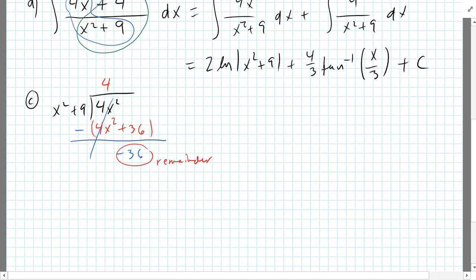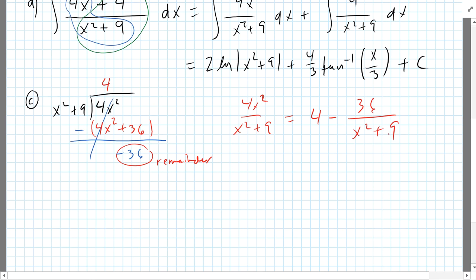That means that 4x squared over x squared plus 9 is equal to 4 plus, actually since it's negative, it's minus 36 over x squared plus 9.